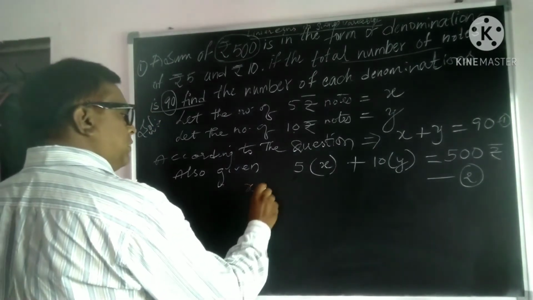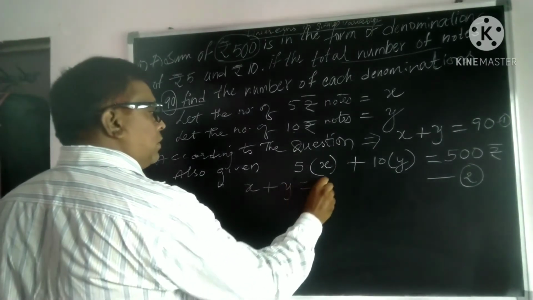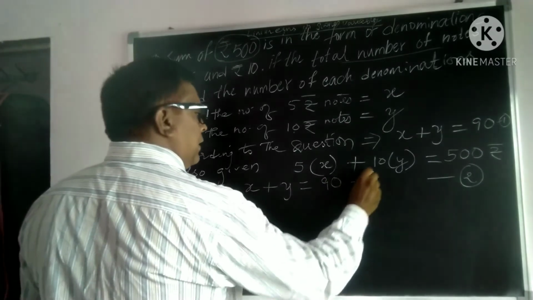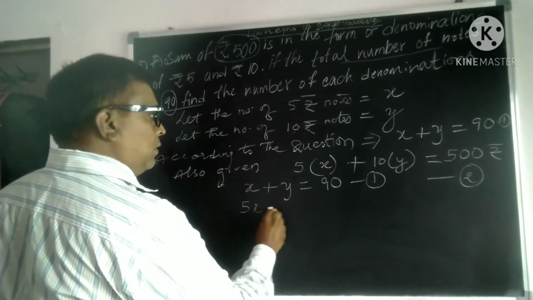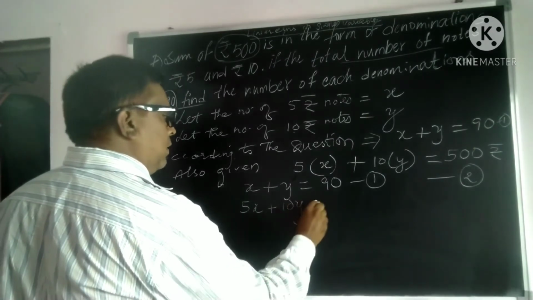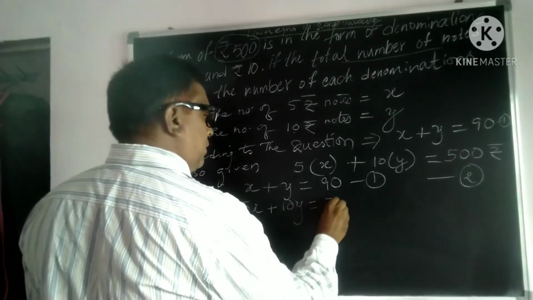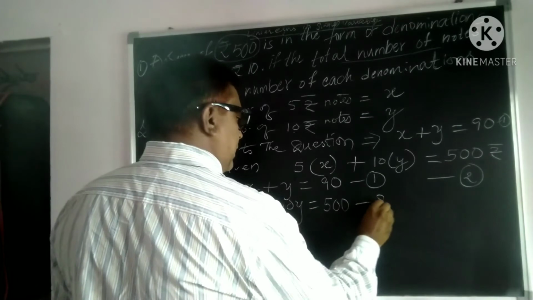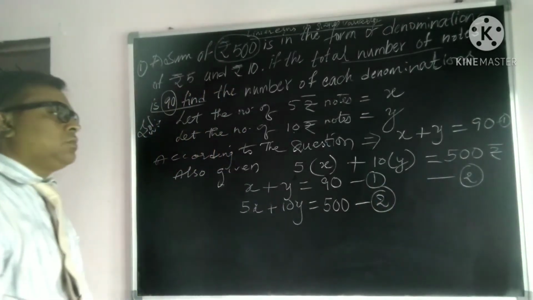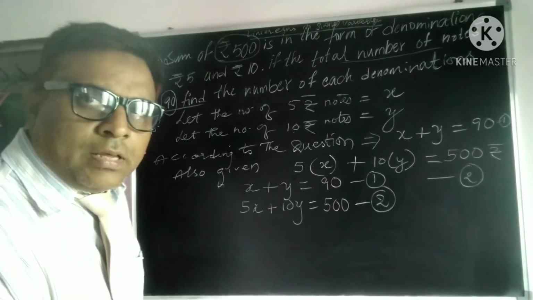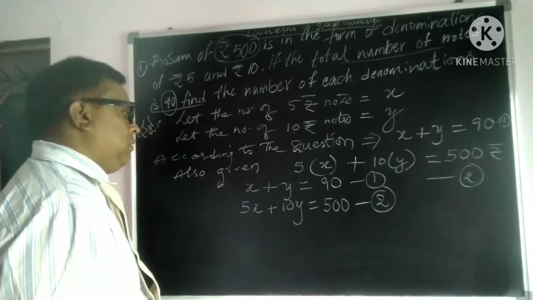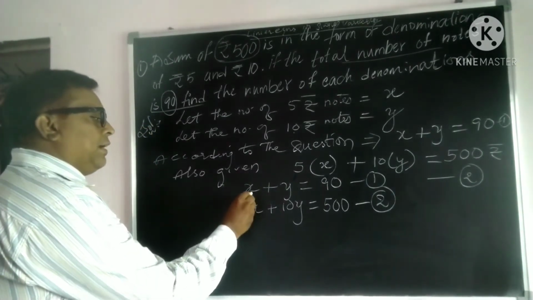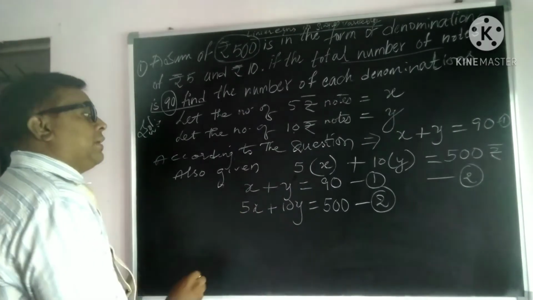So the first equation is x plus y is equal to 90, and the second equation is 5x plus 10y is equal to 500. Let us solve these equations. For solving, we have to make the x coefficients equal. Here the coefficient of x is 5 in one equation and 1 in the other.